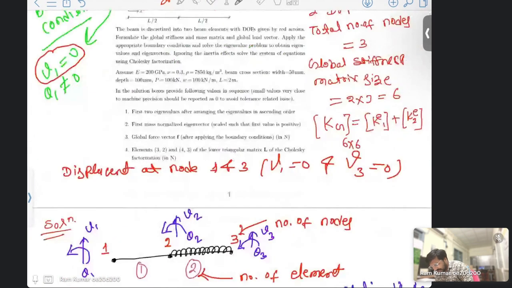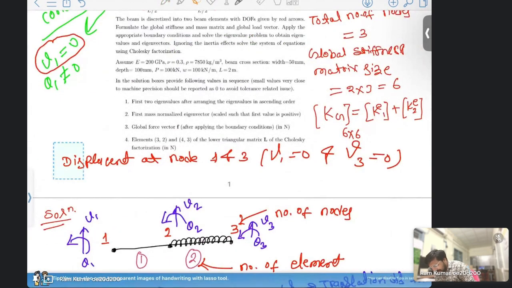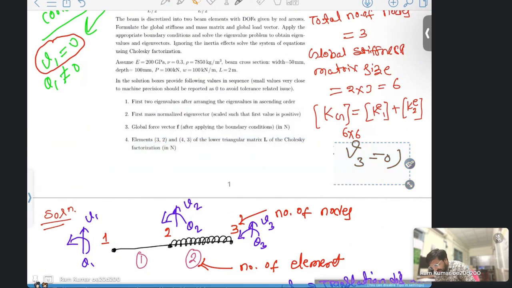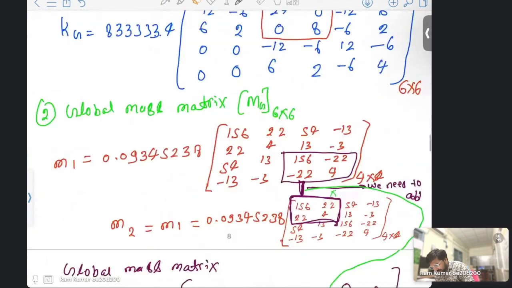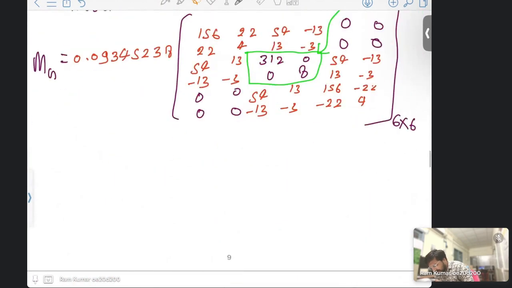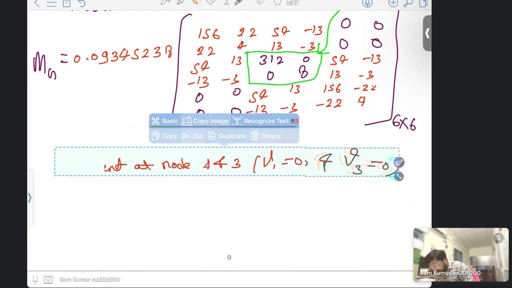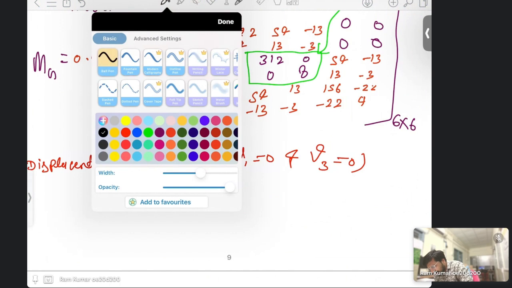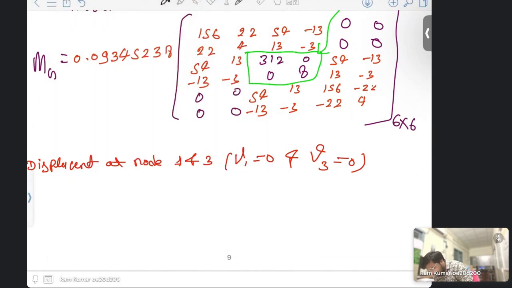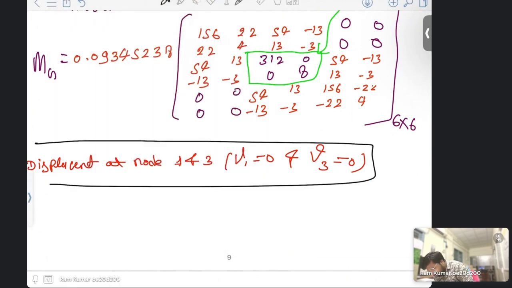The displacement and these 3 degrees of freedom is 0. So this is from the boundary condition.